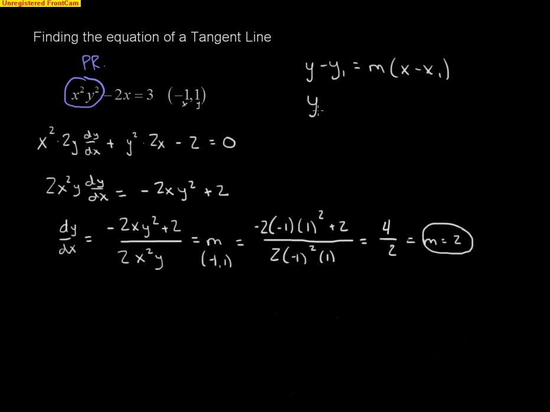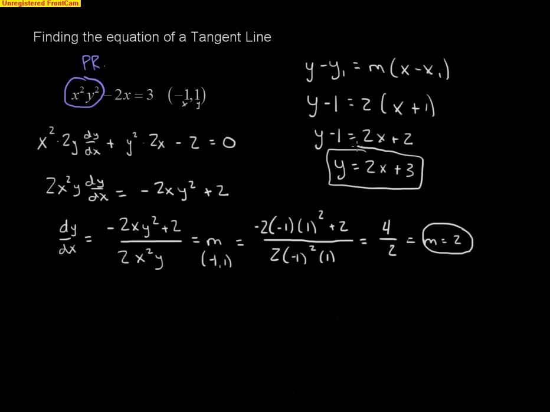So I'm going to have y minus 1 equals 2 times x minus a negative 1, which will turn into plus 1. y minus 1 equals 2x plus 2, y is equal to 2x plus 3. So there is our equation of the tangent line going through the point negative 1, 1, where we had to find our slope and our derivative implicitly because we had x's and y's in our equation.